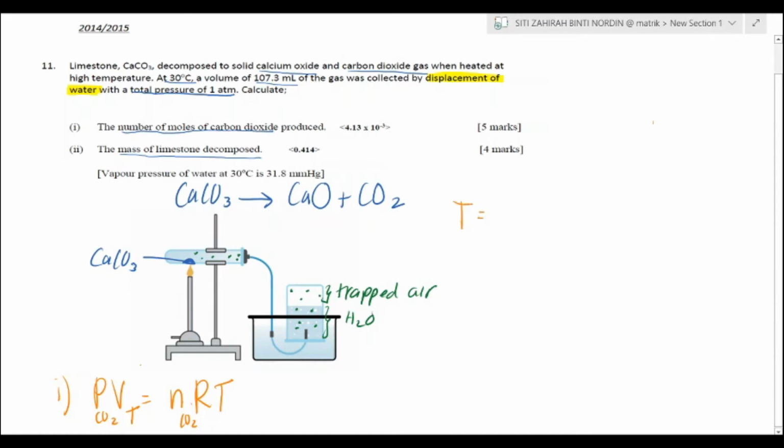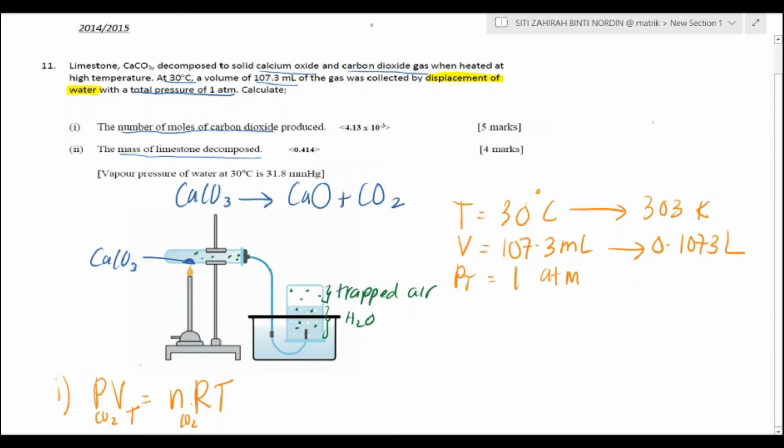We've got a temperature of 30 degrees Celsius, which needs to be converted to Kelvin, which is going to be 303 Kelvin, and a volume of 107.3 ml, which needs to be converted to liter. So it's going to be 0.1073, and the total pressure of 1 atm.